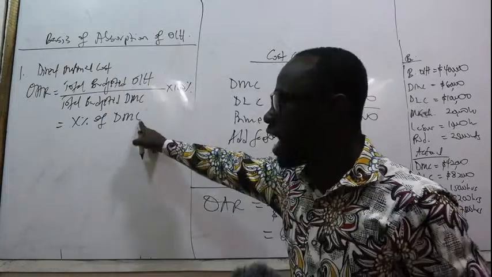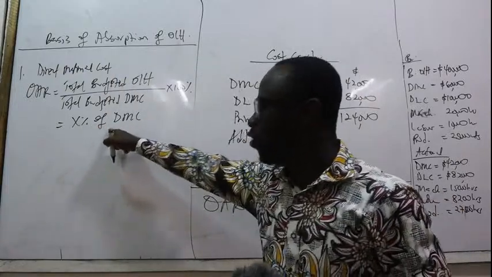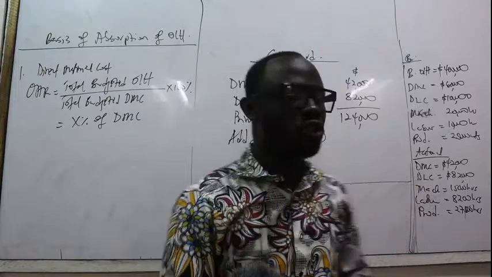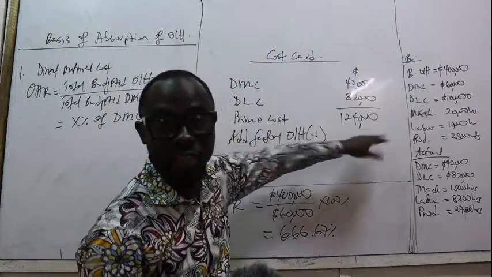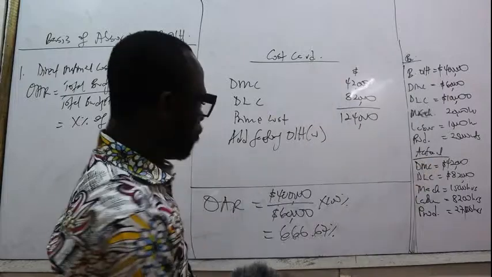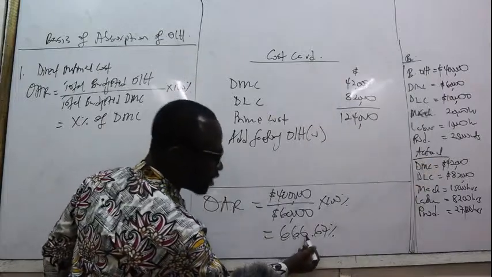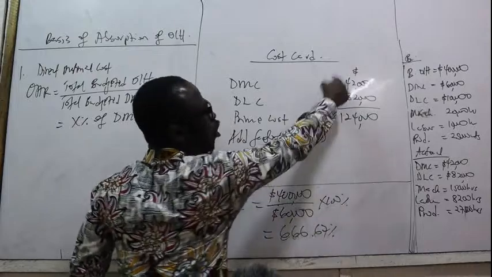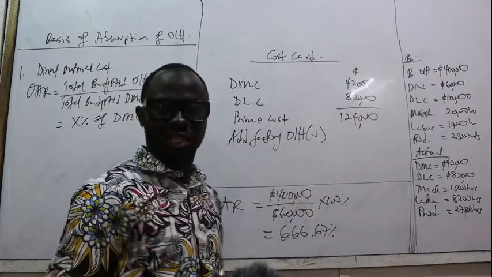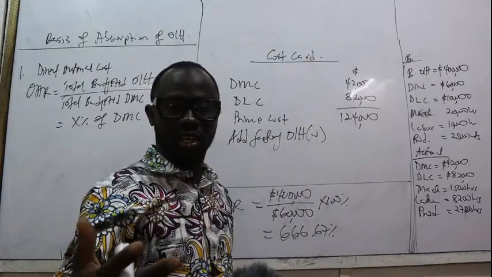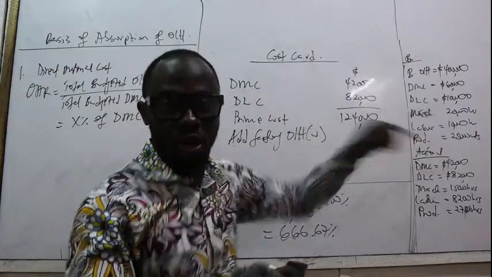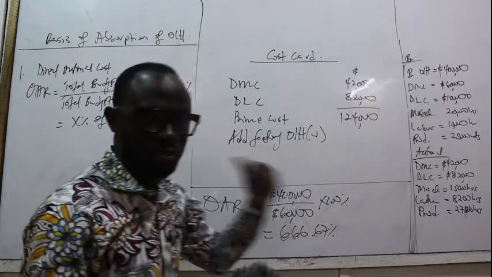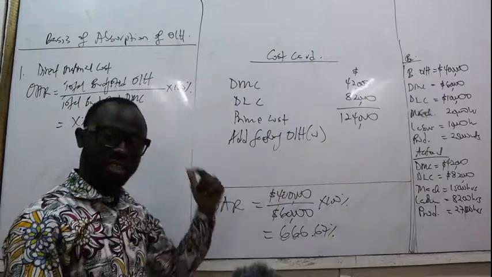Remember, I told you the answer will be X% of direct material cost. So for us to get the overheads that we're going to bring here to get the total cost, we're going to take 666.67% of the actual direct material cost. This is where the trick is. The overhead absorption rate computed has to be applied on the actual.